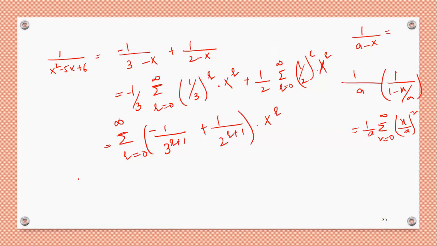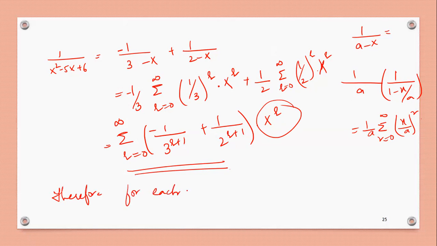Now, what is the coefficient of x power r? For each x power r, the coefficient will be this entire thing. That is, for each r, dr is equal to minus 1 by 3 power r plus 1 plus 1 by 2 power r plus 1.